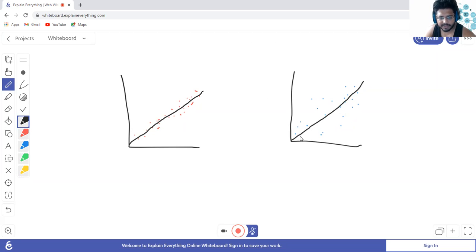Now, both are best fit lines, true. Both can be found by the same formula. But how good is the guess from the best fit line? That is the question mark. It does not guarantee that my best fit line is really a good fit.